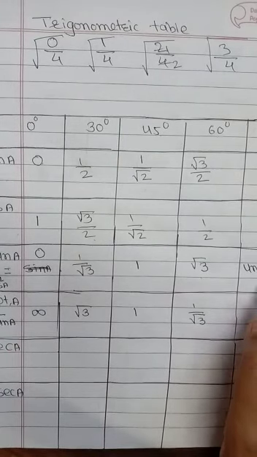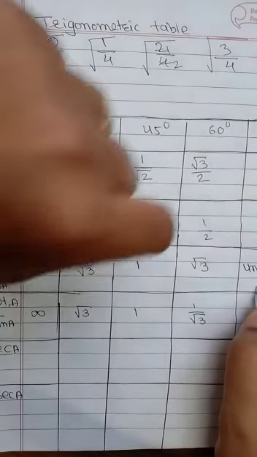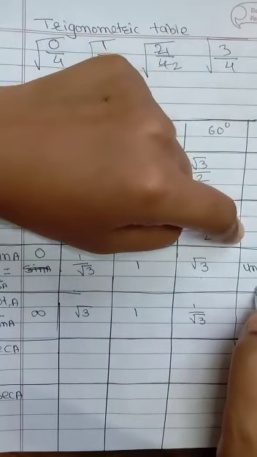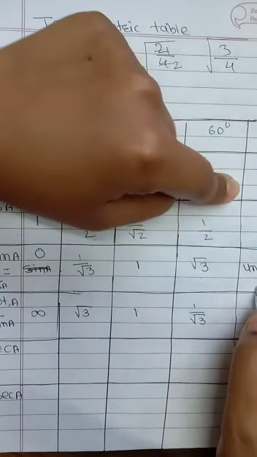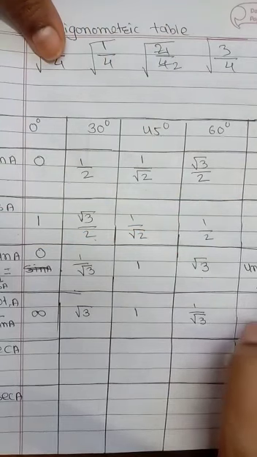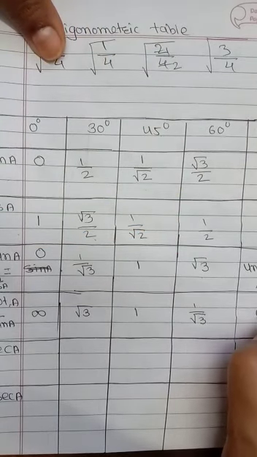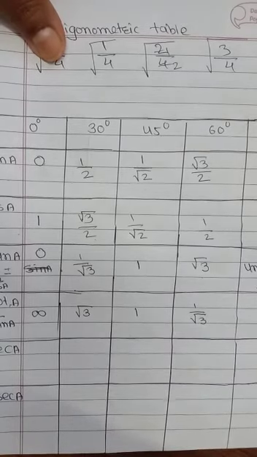See how this infinity we derived, that is 1 upon 0, its reciprocal will be 0 by 1. Sorry, 0 by 1 is 0. Hence we can write the reciprocal of infinity is 0 and the reciprocal of 0 is infinity.